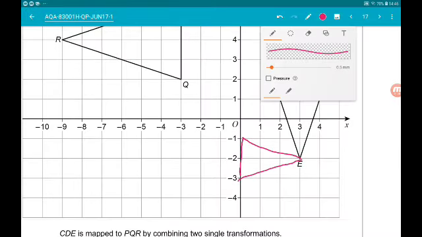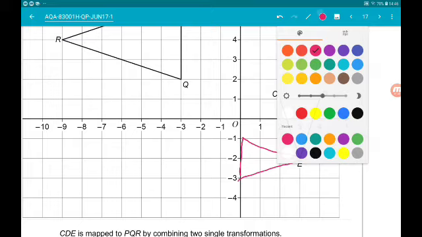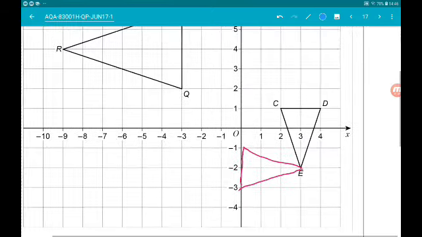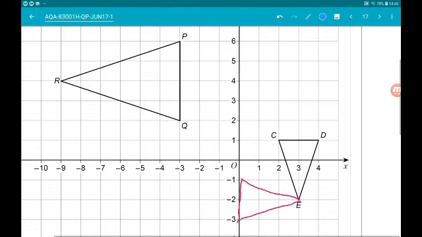Now, hopefully we can see that the big triangle is an enlargement of the little triangle. So with an enlargement, we need to find the scale factor and the point of enlargement, and that's it, because we've also named it as an enlargement.